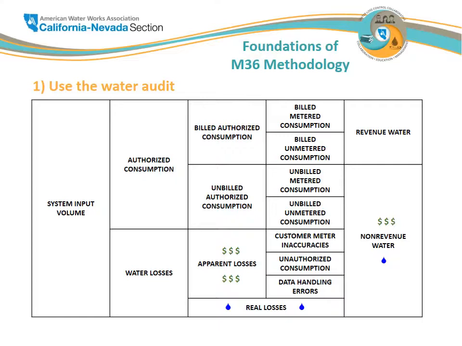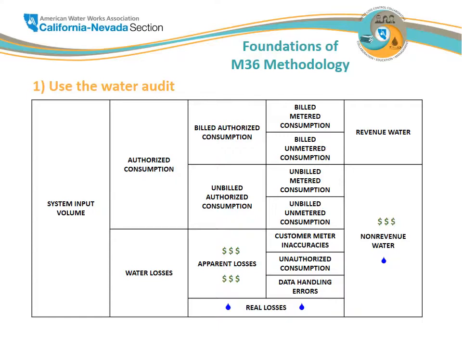Another important point here is, because it's a process of elimination, we're working with a top-down water audit. We start with a whole volume and we then disaggregate it into its component parts. Because it's that process of deduction, any inaccuracy in our first volumes carries over into our results.